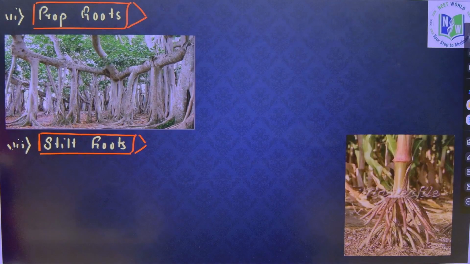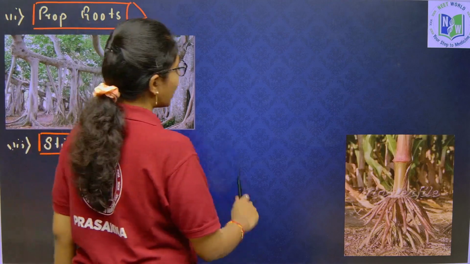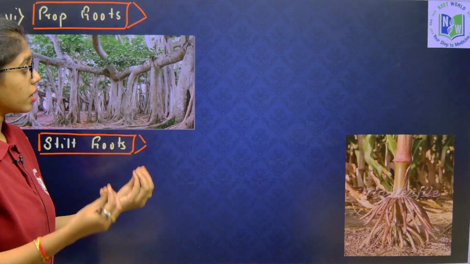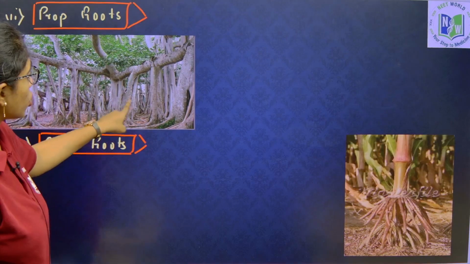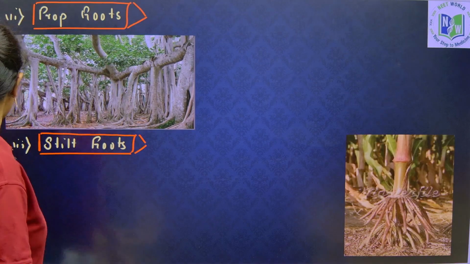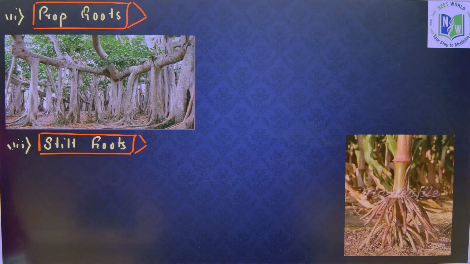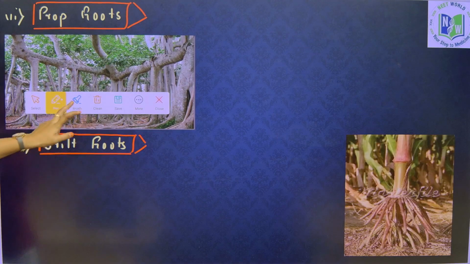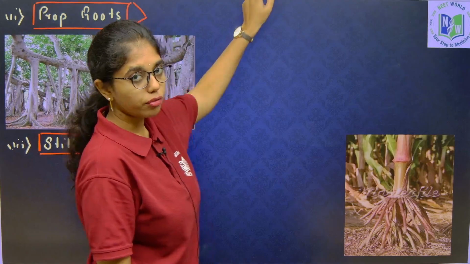And here if you see prop roots and stilt roots. Prop roots, which are also called pillar roots, grow positively geotropic from the branches of the main axis. From branches the roots grow down. So, this is also an adaptation of what?